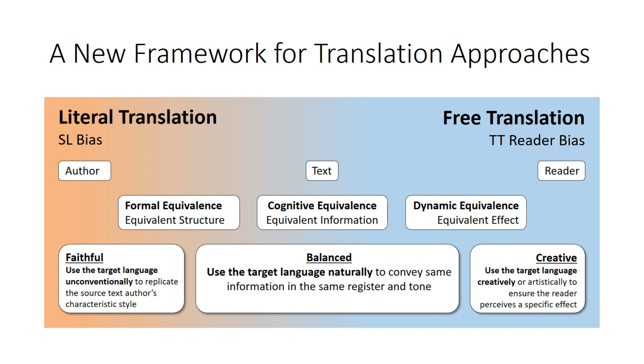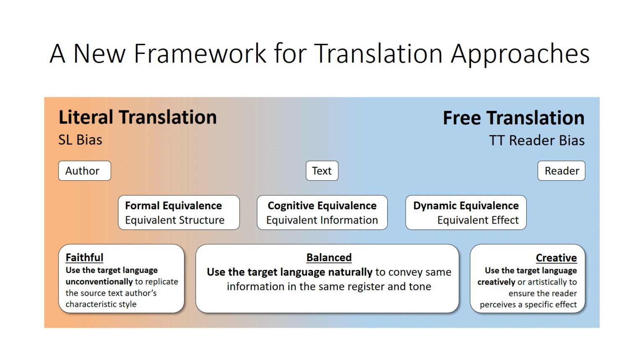And then finally, on the other extreme of the continuum, target text reader bias, right? What some people might call an unduly free translation, a very free translation, or even a transcreation. I have what I call the creative approach to translation.